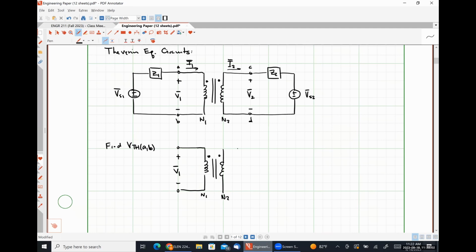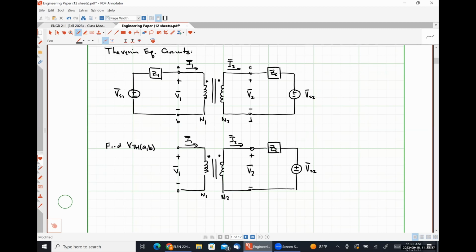Here's N2. V2. And here is VS2. Let me go ahead and define my currents here really quickly. So here's I1, I2. Here's where V2 should be.